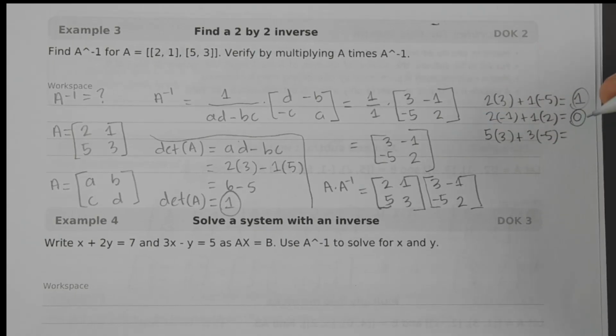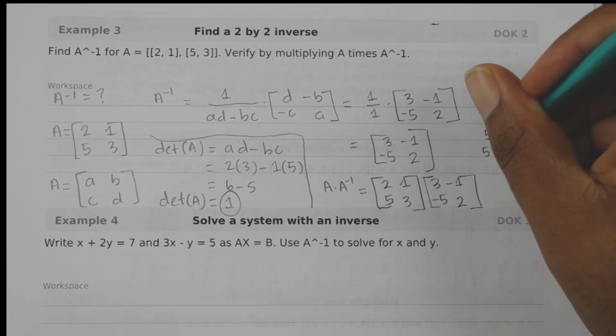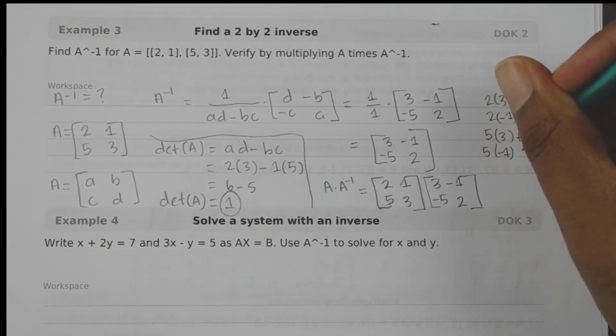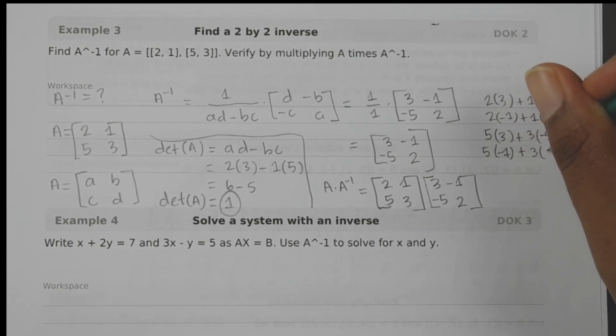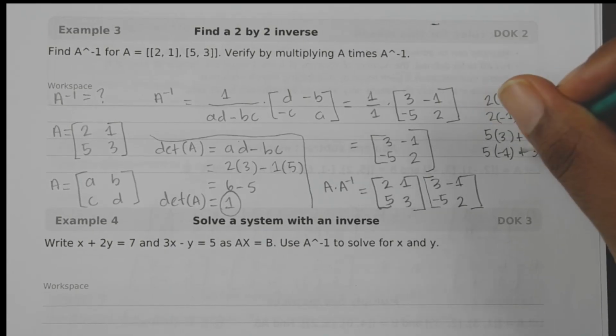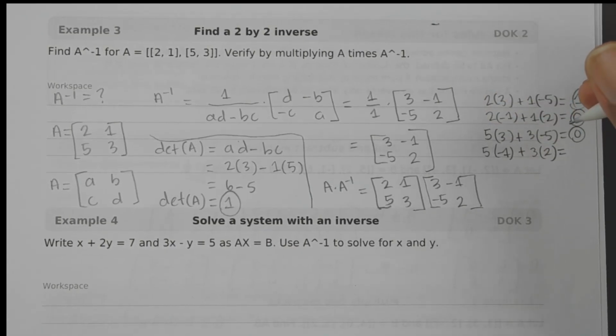That's 15 plus -15, or 15 minus 15, which is 0. And then the lower right, which is 5, -1 plus 3, 2. So that's -5 plus 6, which is a +1.